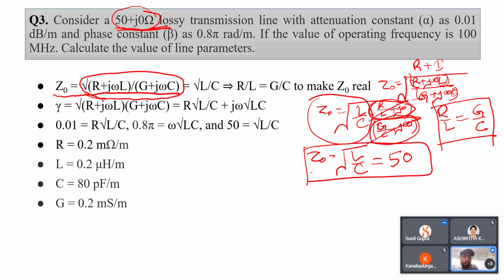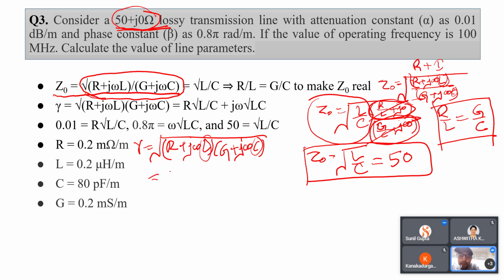Okay, so let us move ahead and find the value of gamma. So gamma is defined as root over R plus j omega L into G plus j omega C. Similarly, you have to take L and C common here.